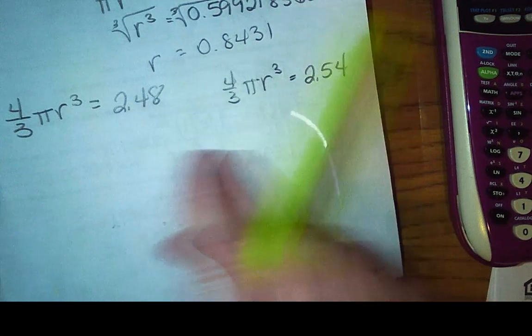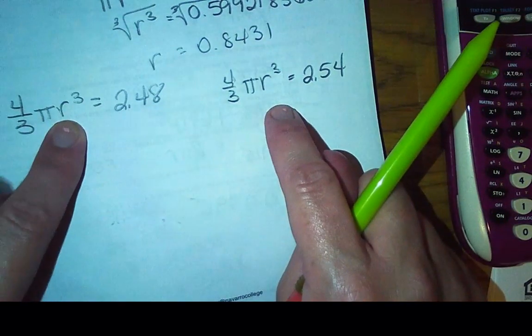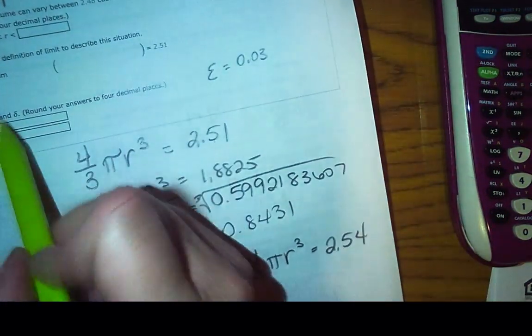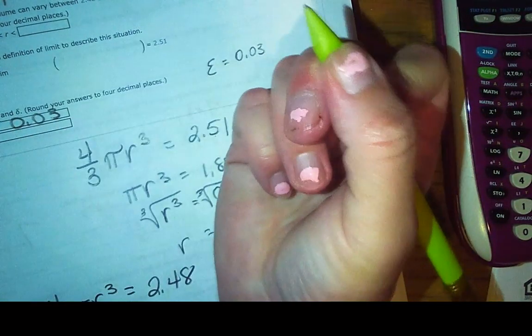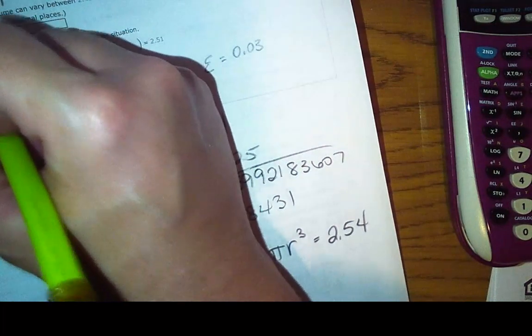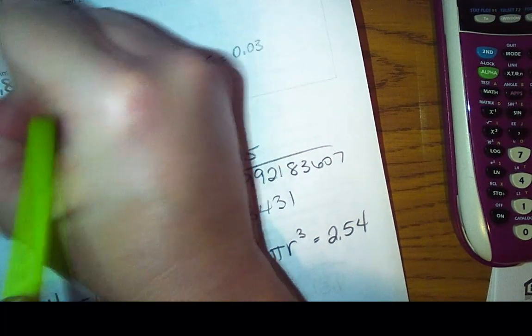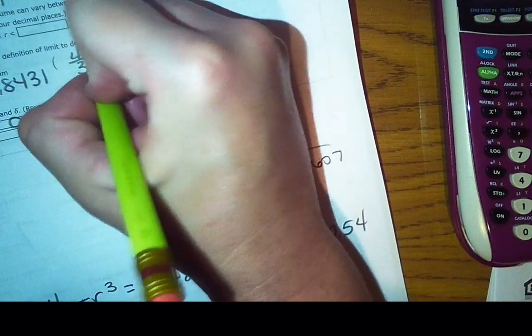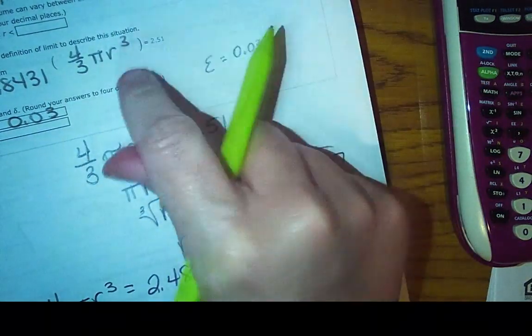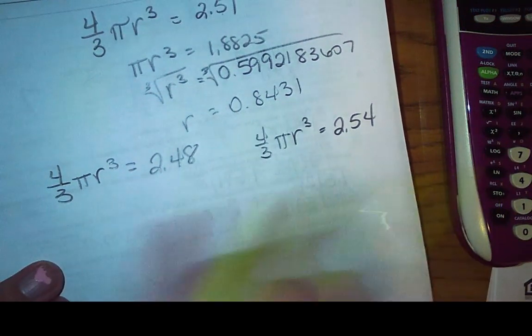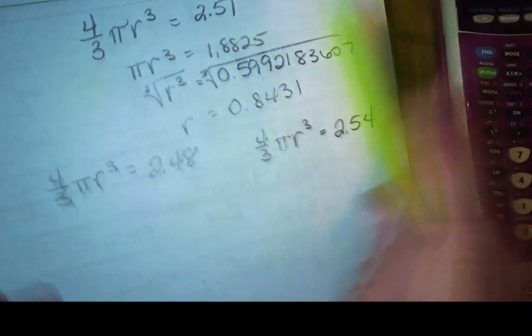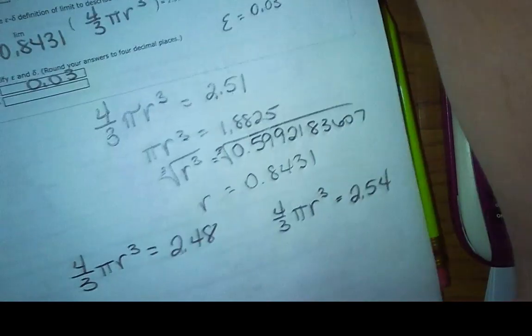So bottom line is you're going to rip through this and solve for r, okay, and then subtract. So what is your epsilon? I already found my epsilon is 0.03. My limit as r approaches 8431 of 4/3 pi r cubed needs to give me this exact answer. So you just have to go from here and find your delta. And then that one's done, and 1.2 is done.